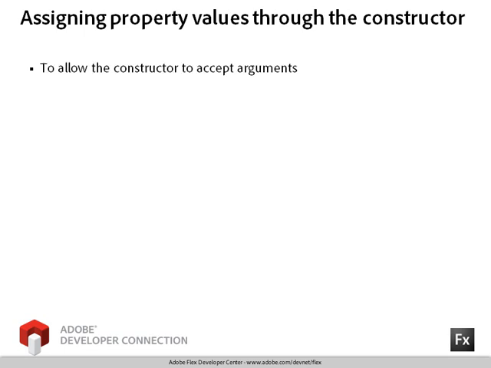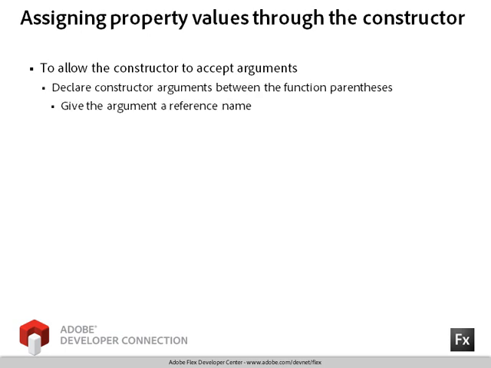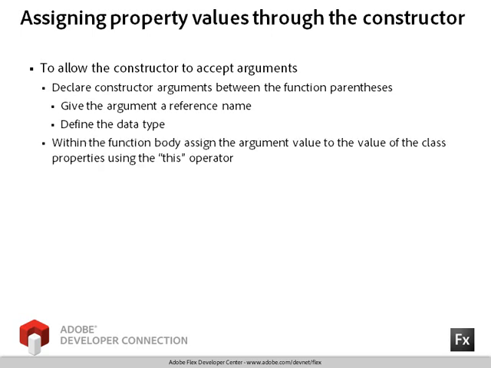To allow a class to accept property values in the constructor, you assign arguments between the parentheses of the constructor. You give the arguments a reference name for use within the constructor and define the data type for that argument. Lastly, within the body of the constructor, you assign the argument to the class property.